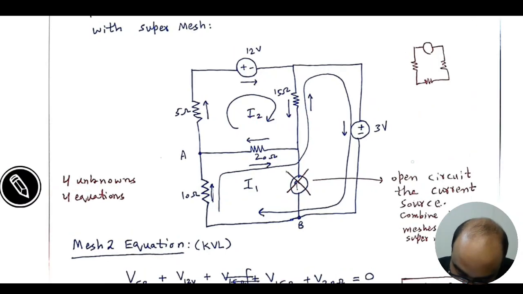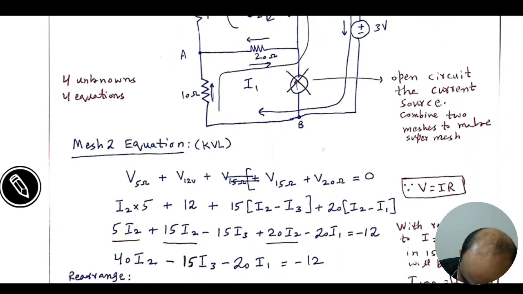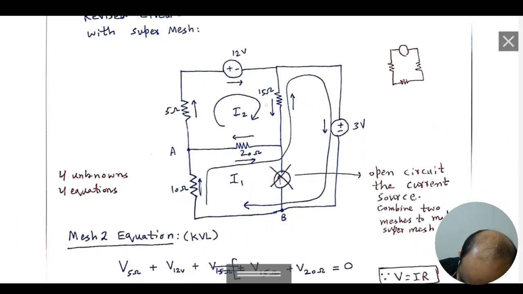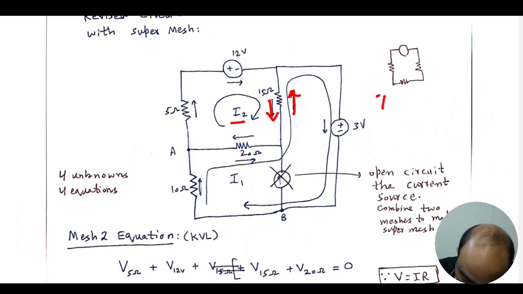Okay, now we are going to find the current flowing through this 15 ohm resistance. In order to determine, we have to understand that with reference to I2, the current is flowing towards the down direction, and the adjacent loop current is going towards the upward direction. We are dealing right now with I2, hence we can say that since the current is going in a counterclockwise direction, it's downward.